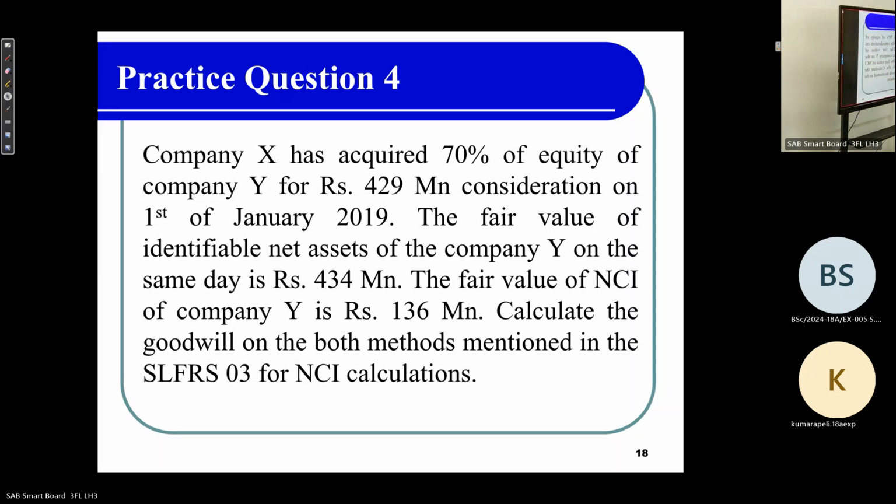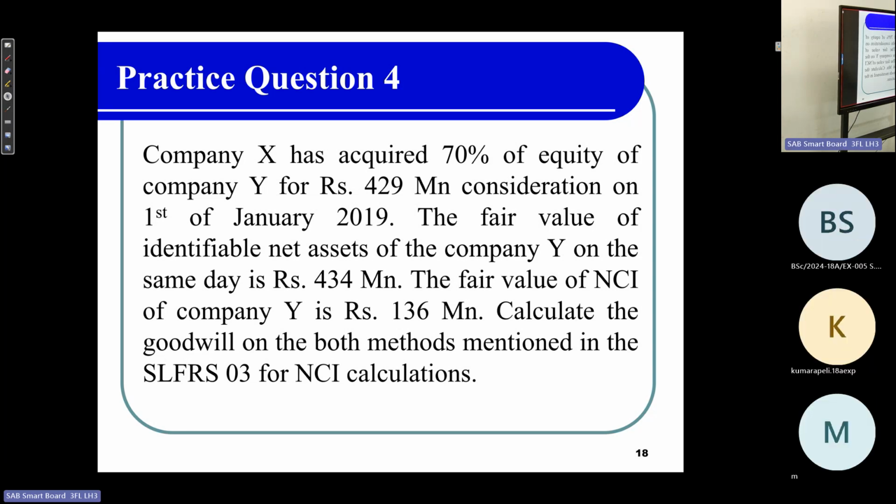Next, question number 4. I need to know either goodwill or bargain purchase.